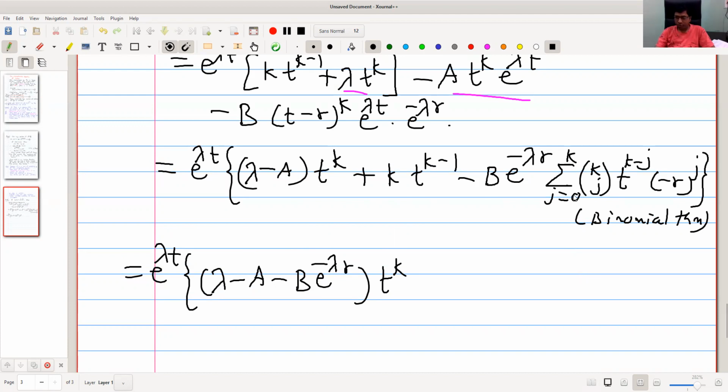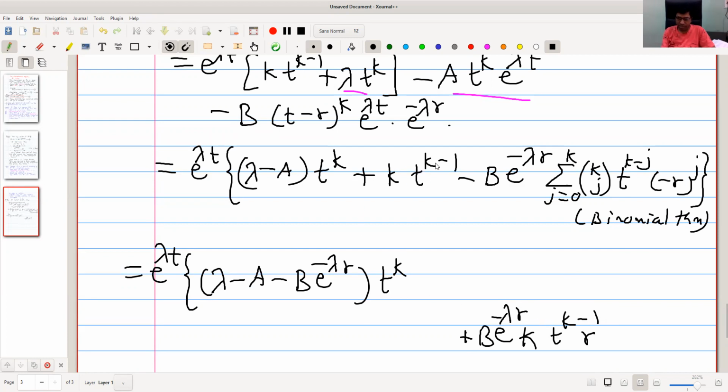Next, if we put z equal to 1, then we have k choose 1, that is k, and the minus sign is of course there, minus b e raised to minus lambda r will be there. Then t raised to k minus 1 and minus r raised to 1 means minus r, so this becomes plus r.